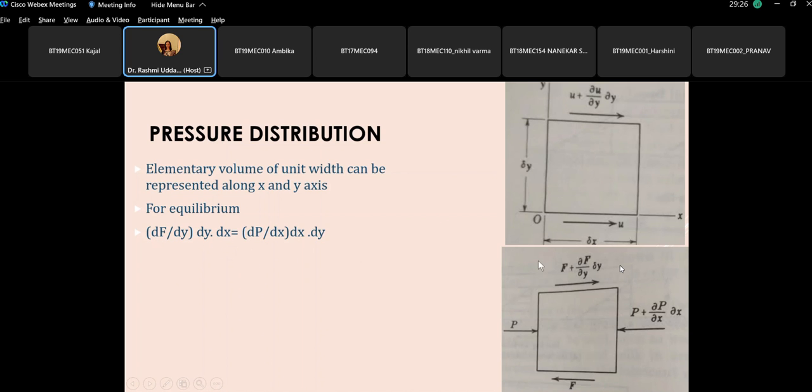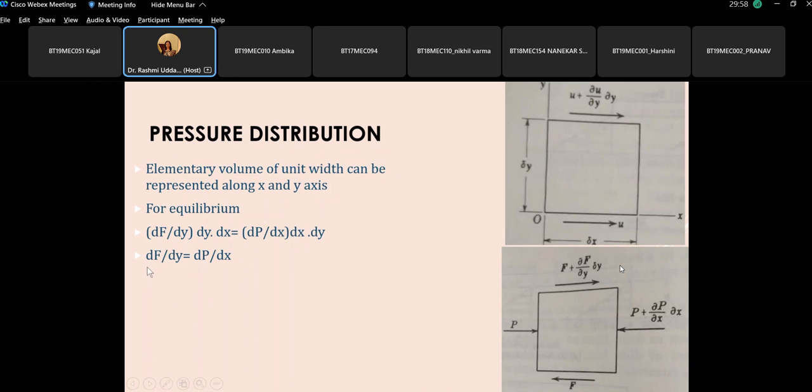So for equilibrium, this is equal to this and this is equal to this, or all these forces and pressure along the positive x direction are the same as pressure and force in the negative x direction. When we equate this, I get del F by del y into dy, when differentiating in the x direction, this into dx is equal to del p by del x dx into dy.